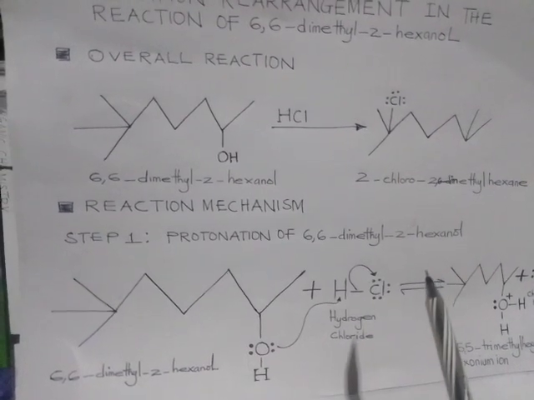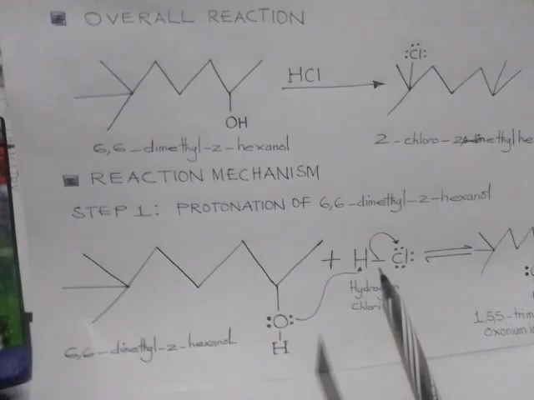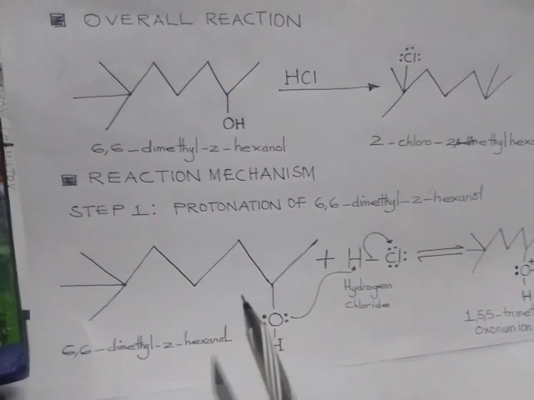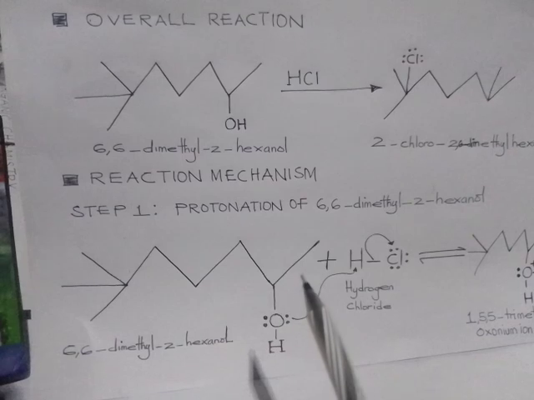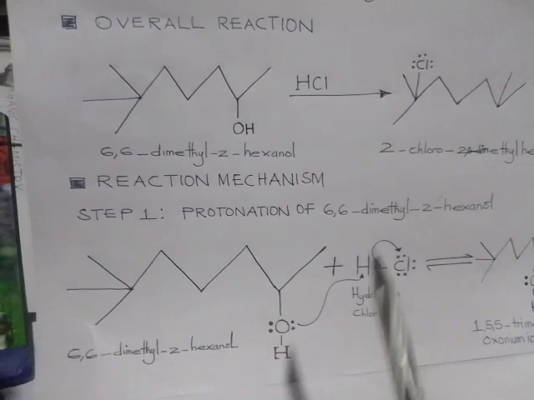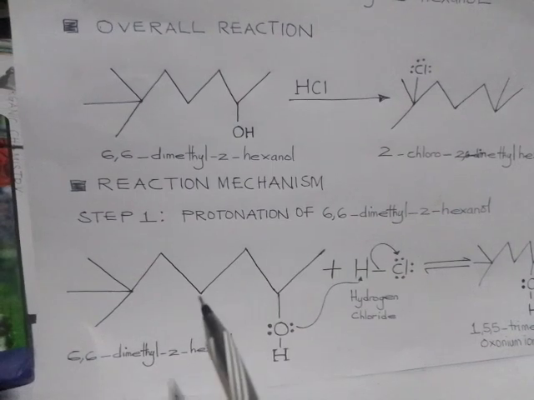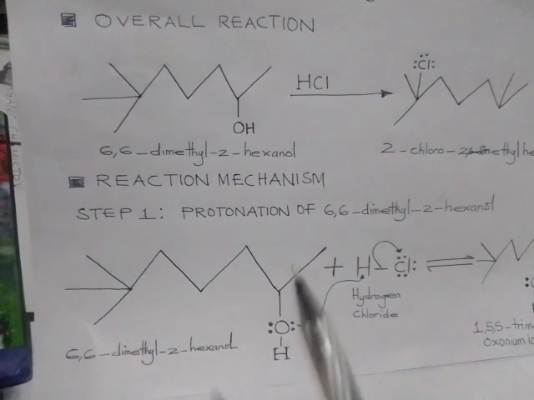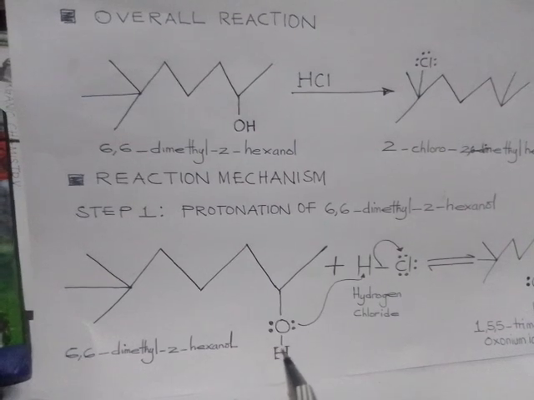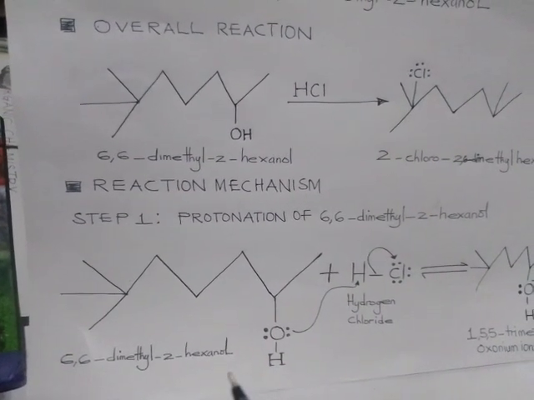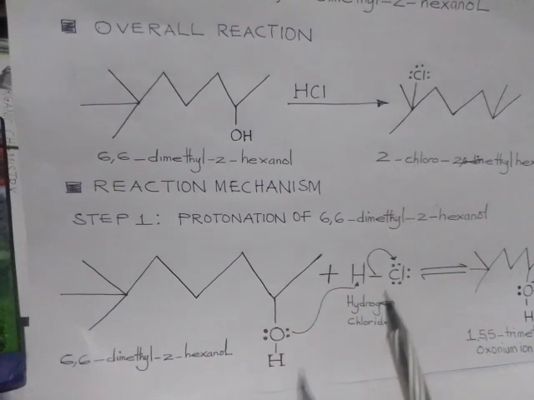Now, just from what is happening here, we can categorize this 6,6-dimethyl-2-hexanol as a Bronsted-Lowry base. Why? Because we know that it's taking a proton, and from the definition given by Bronsted-Lowry, a base is a proton acceptor and an acid is a proton donor.